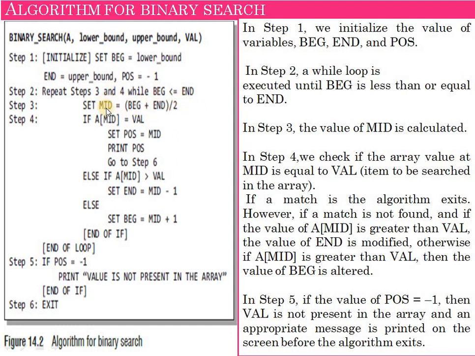We calculate the middle position and store it in the mid variable. Now step 4: if A of mid equals our target value, meaning the value we are searching for is at the middle position, then we store that mid index into position and display it.